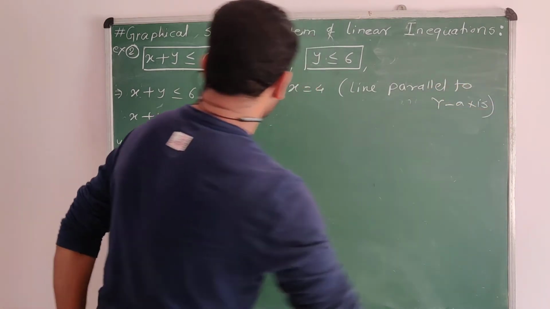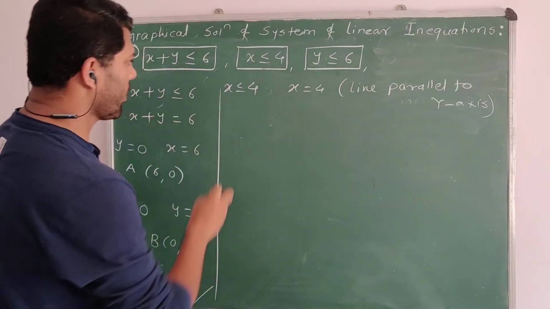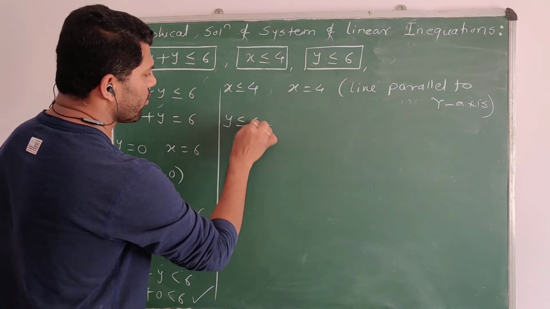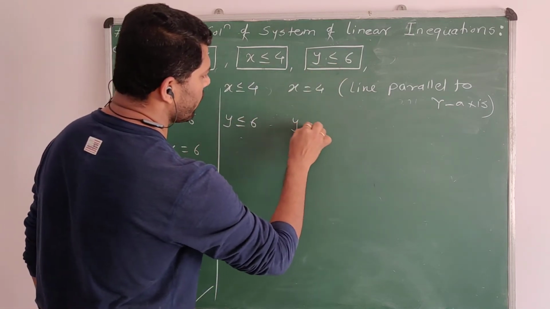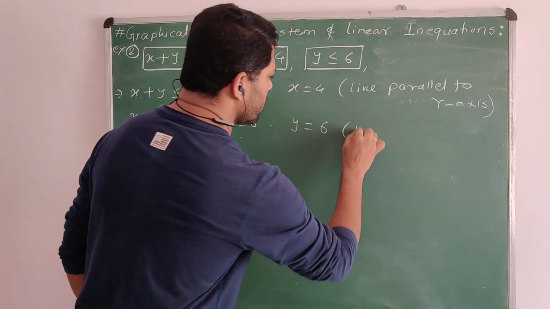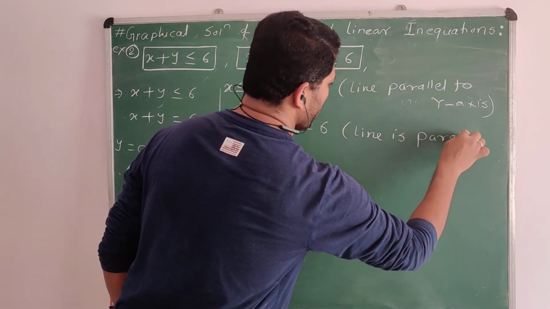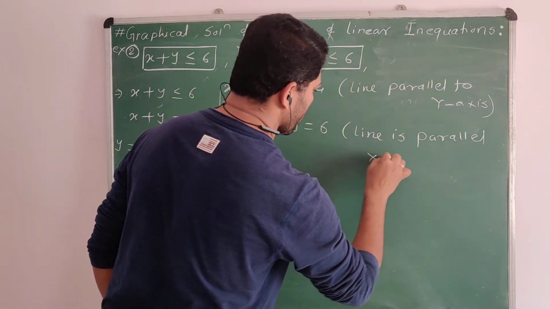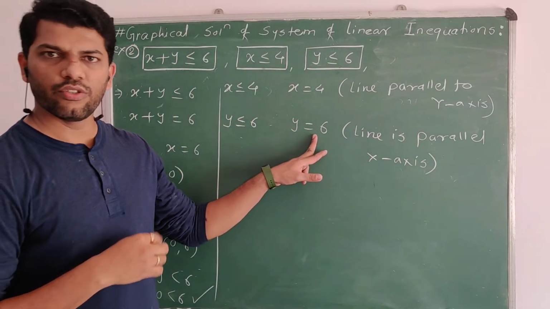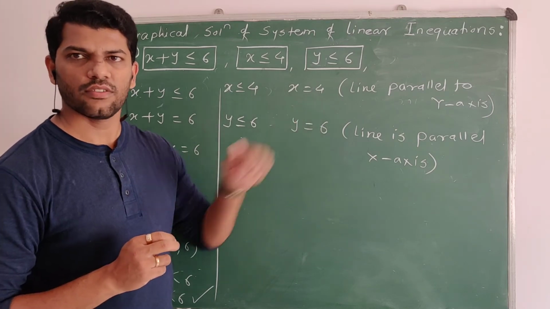Single variable inequations are very simple. Simple conclusion: the line is parallel to the y-axis. Now the last one is y less than or equal to 6. Convert this into the equality y equal to 6. It is a single variable, so this line is parallel to the x-axis. You have to draw this line parallel to the x-axis, and draw the other line parallel to the y-axis.